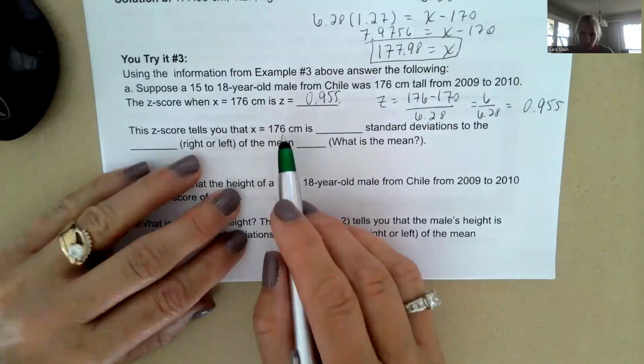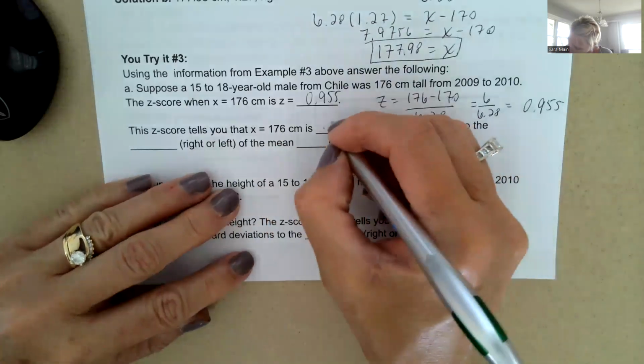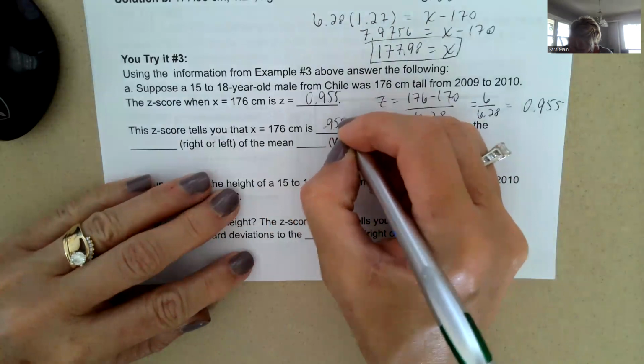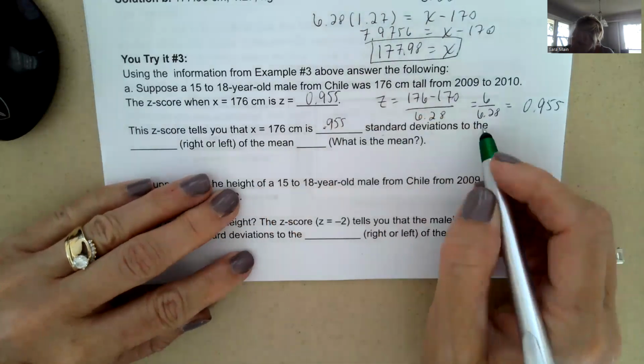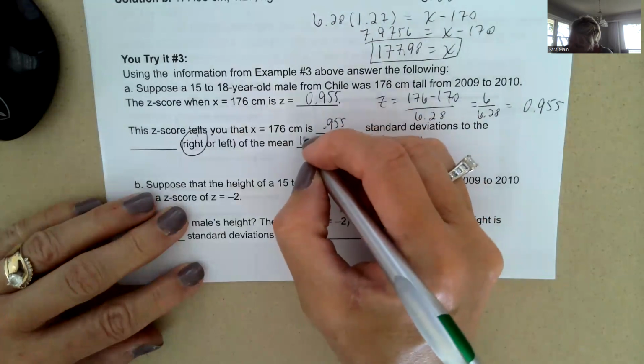This Z-score tells you that X equals 176 centimeters is 0.955 standard deviations to the right, because it's positive, of the mean of 170.